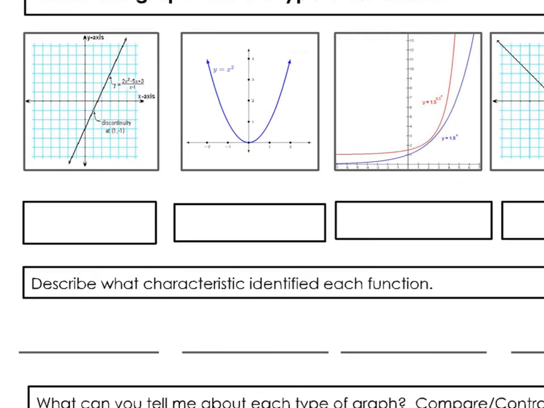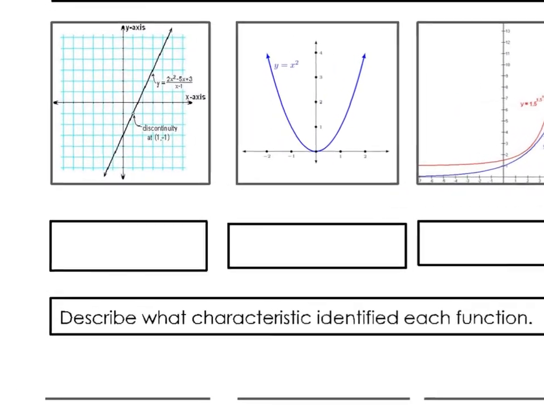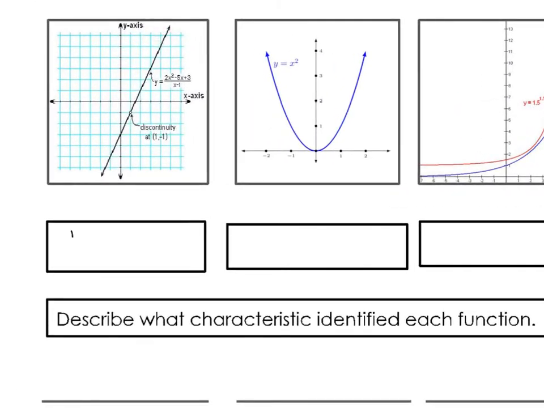All right, so we're going to identify the graph. This one's a straight line, so it's linear. This one's a horseshoe, so it's quadratic.